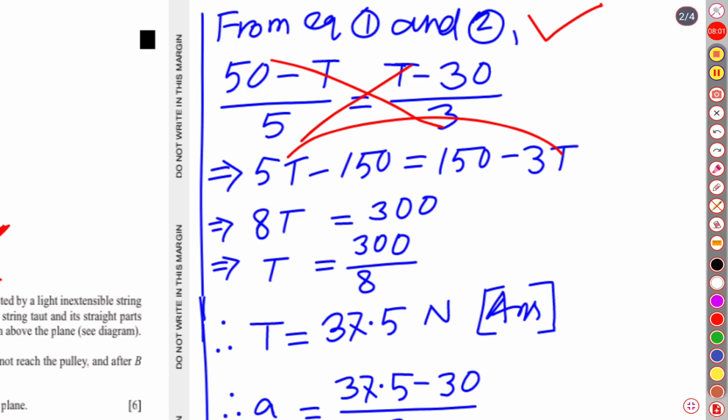If 3T is transposed to the left side, it is going to be 8T. 8T is equal to 150 plus 150, which means 300. So ultimately we have got that our tension is 37.5 Newton, if we divide 300 by 8.